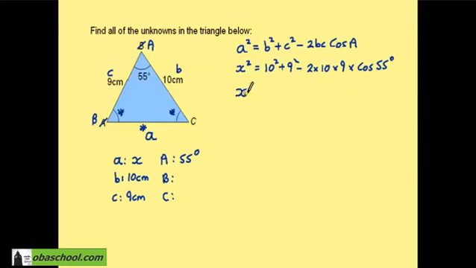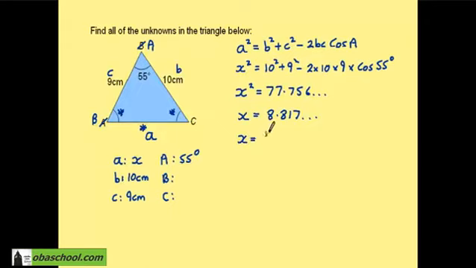As always, calculate all in one go, giving us x squared is 77.756, and so on. Square rooting both sides gives x is 8.817, and so on.